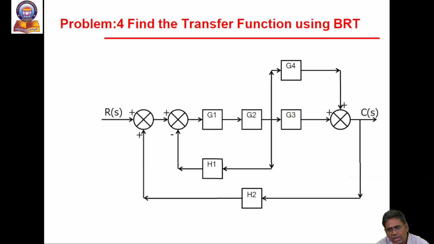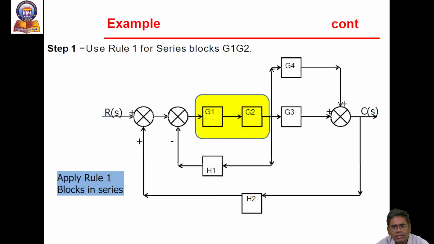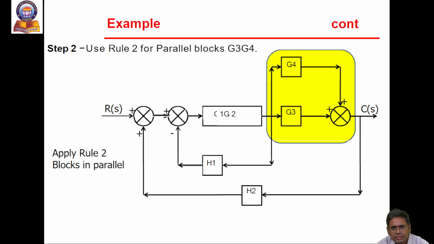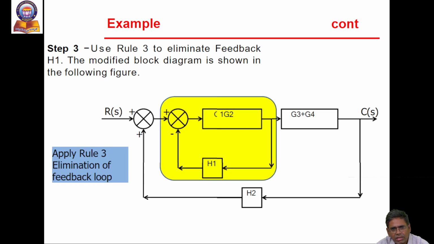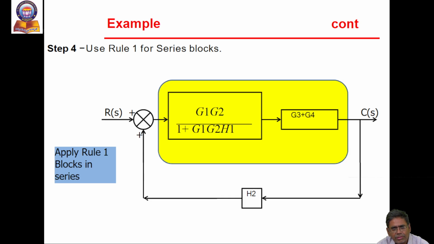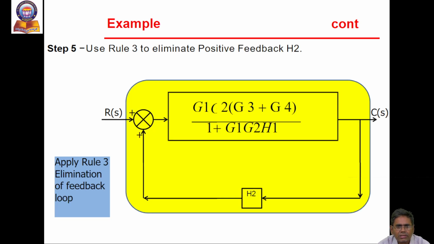G2, G3 is the forward path, H1 is the feedback, then eliminate this one, and finally add these two in cascade. G2, G3 is series, G3, G4 is parallel, then another elimination of feedback, and finally multiply these two blocks: G1, G2, G3 plus G4 divided by 1 plus G1, G2, H1.